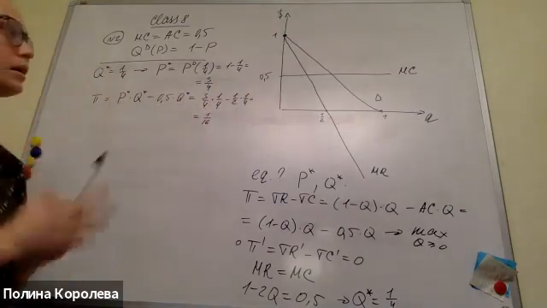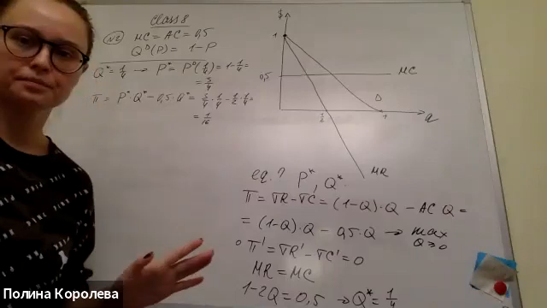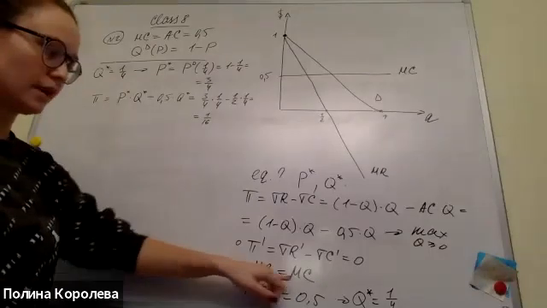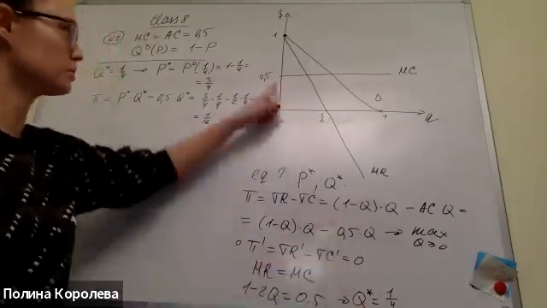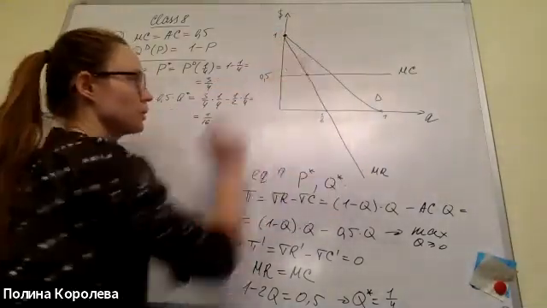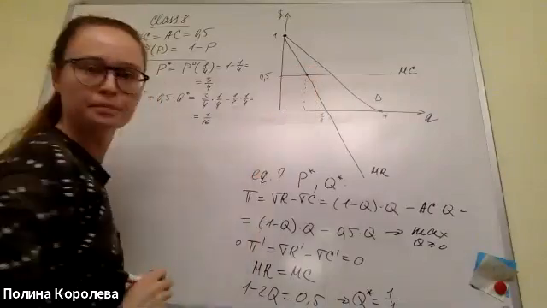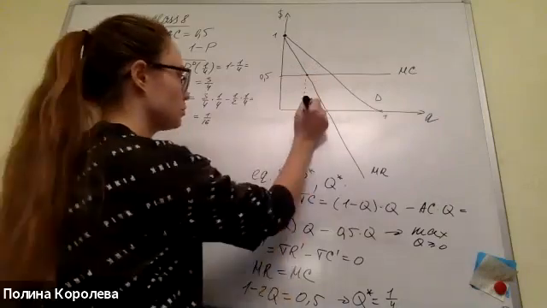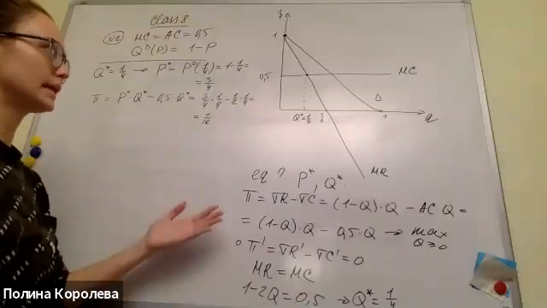Okay. How to solve all this graphically? Graphically, we cross marginal revenue and marginal cost, and from here we find quantity. So on the graph, marginal cost equals marginal revenue at this point. And from here we find quantity equal to 1 over 4. What do we do next?